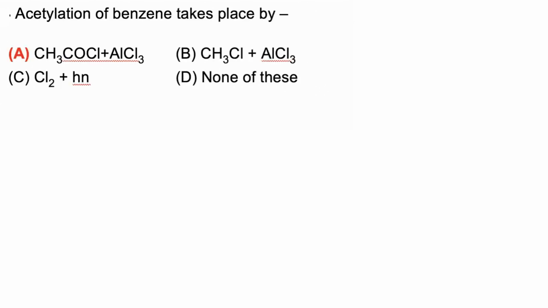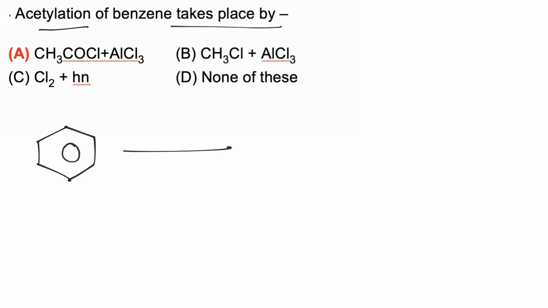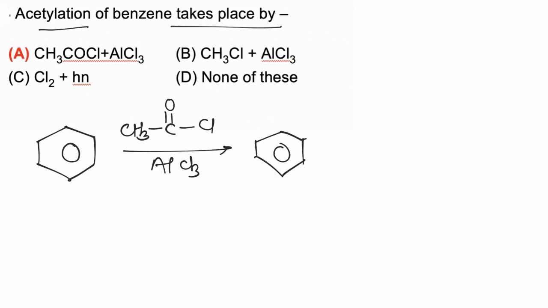In this question, we have to find a reagent used for acetylation of benzene. Now benzene on reacting with acetyl chloride in presence of AlCl3 will form acetophenone.